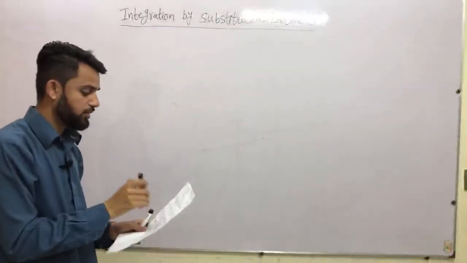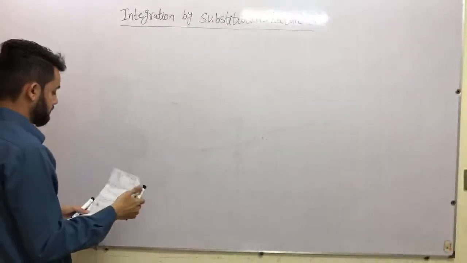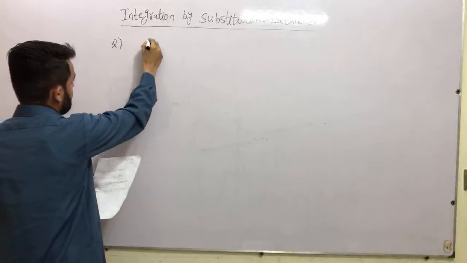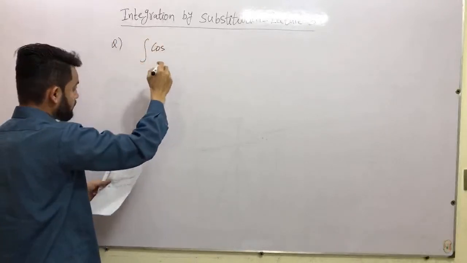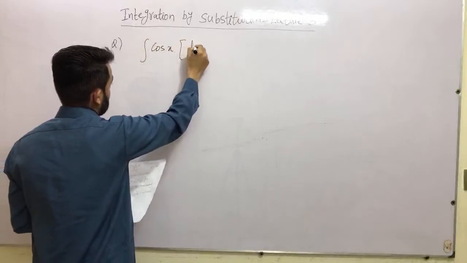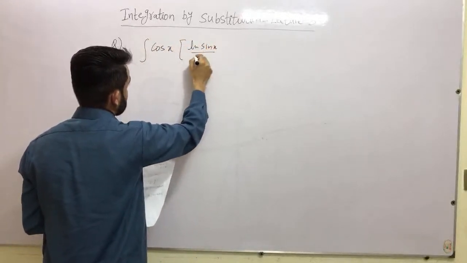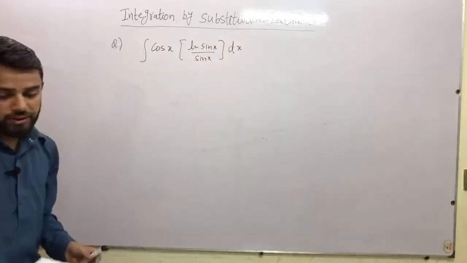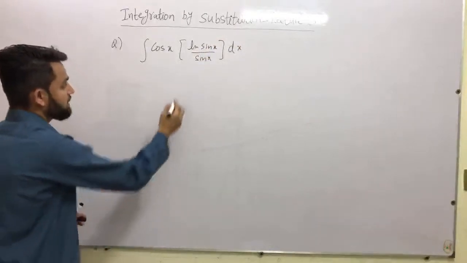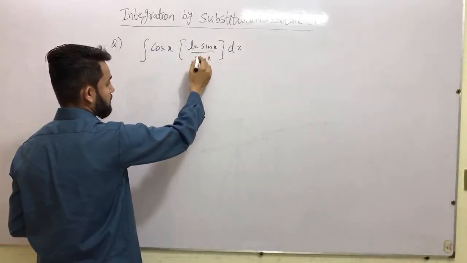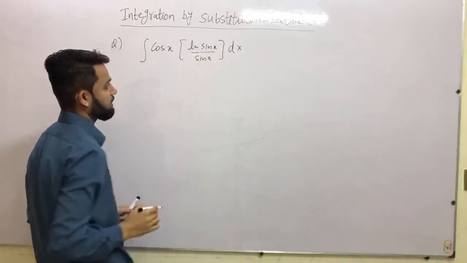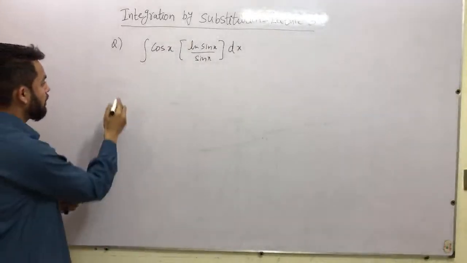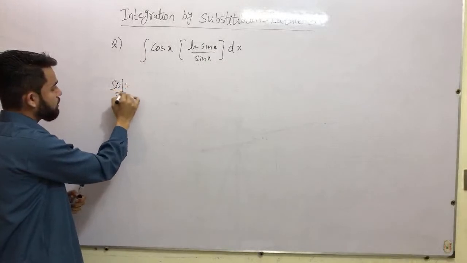The next question is the integration of cos x times ln of sin x over sin x dx. Now please do not cancel this sin x with that sin x, because inside the natural log we have sin x, so you cannot cancel this sin x with that sin x. Now we have to solve this question, and let's see how we are going to do it.